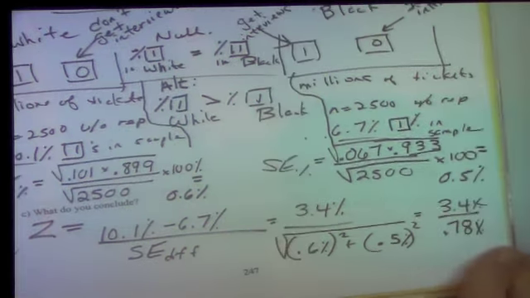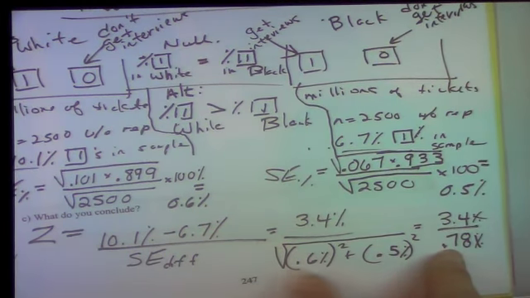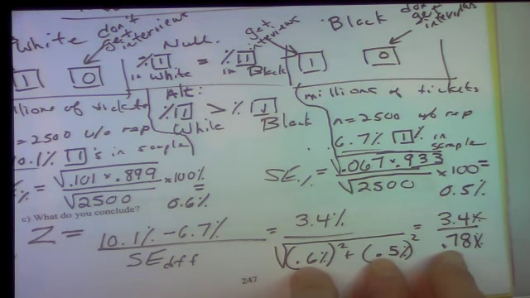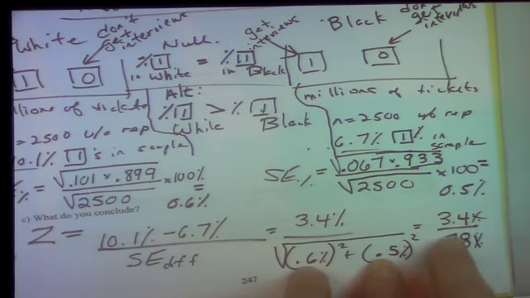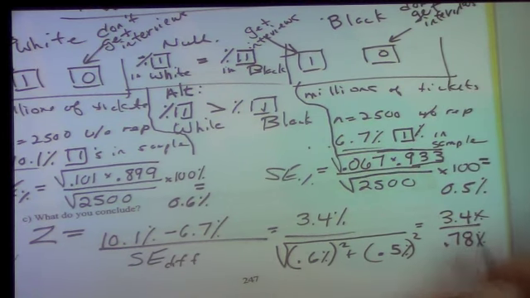All right, now let's look here. Does 0.78 make sense? Is it bigger than either one of these? Yes. But is it smaller than the two added together? Yeah. 1.1 would be the two added together. So that looks right. So now we just have to go 3.4 divided by 0.78. And what do we get?